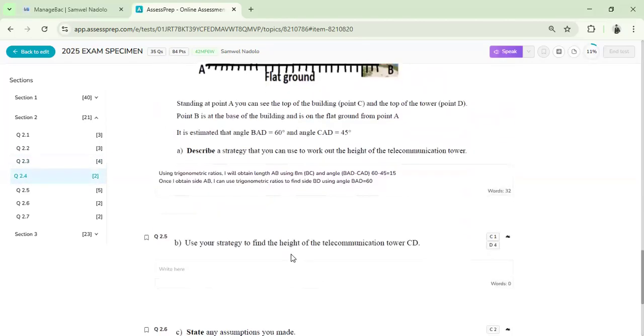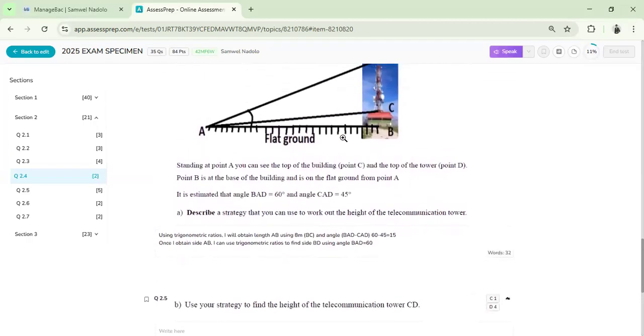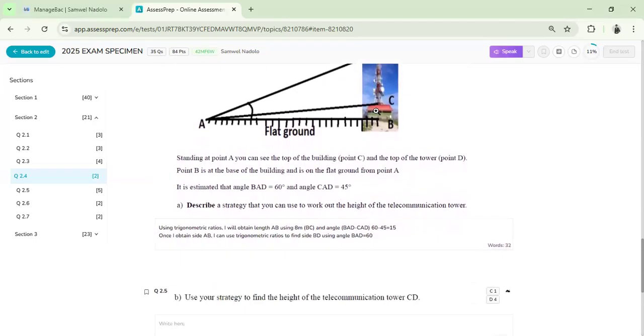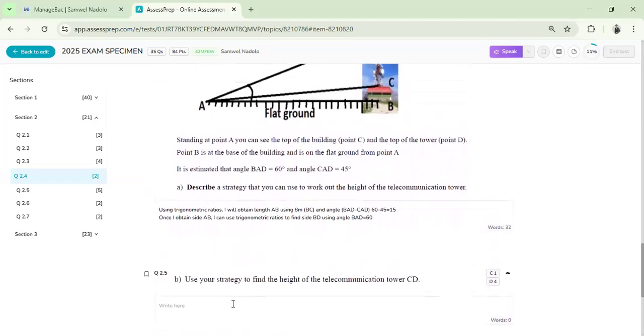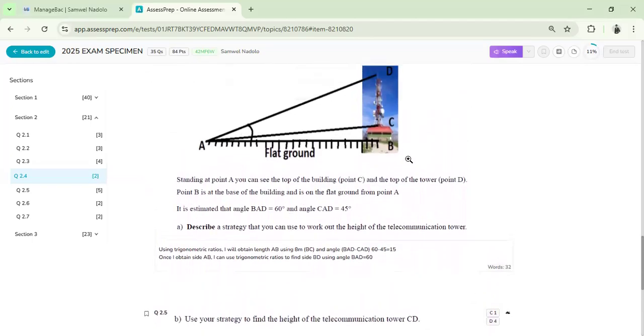All right. So use your strategy to find the height of the telecommunication tower CD. There are so many ways. There's another method of finding this. Some can use Pythagoras theorem after using trigonometric ratios, of course, and then they can get BD. So let's see. We first say that we are going to find the length AB using BC and the angle.